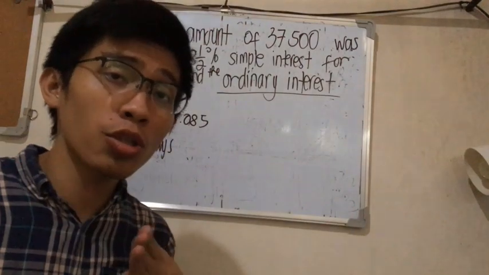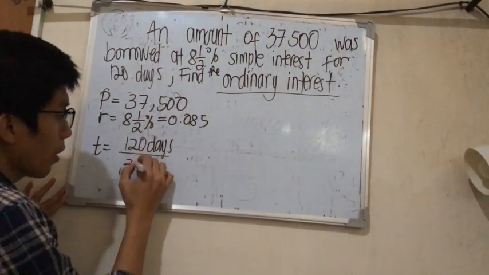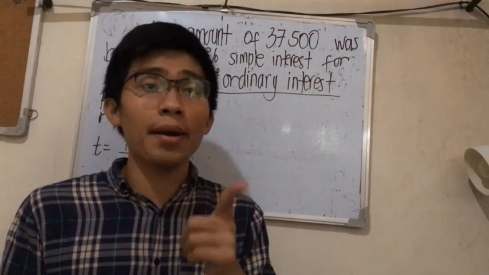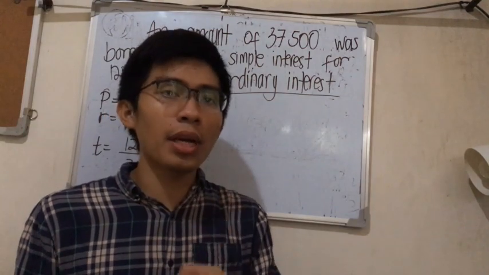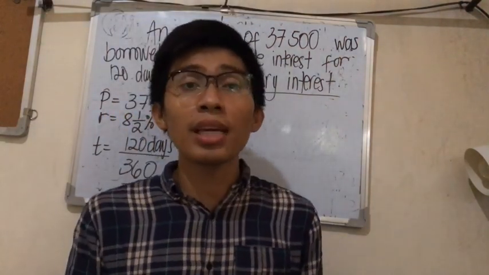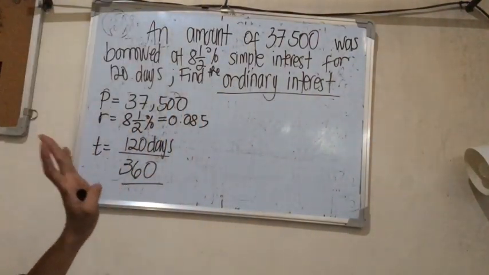So you have to convert the days into years by dividing by 360. Why 360? Because I am tasked to get the ordinary interest. If that is ordinary interest, the days you use in a whole year is 360.